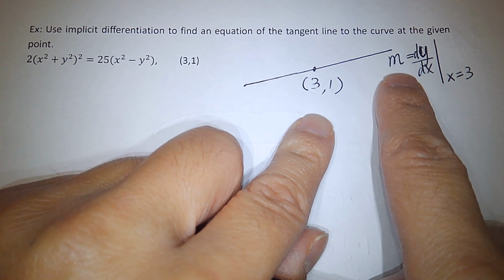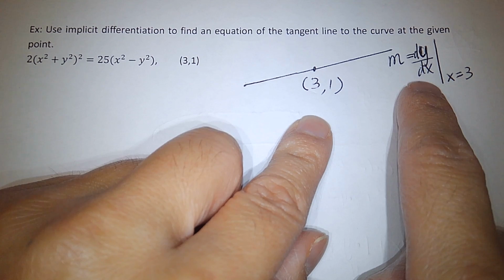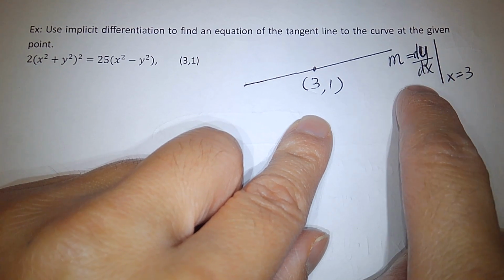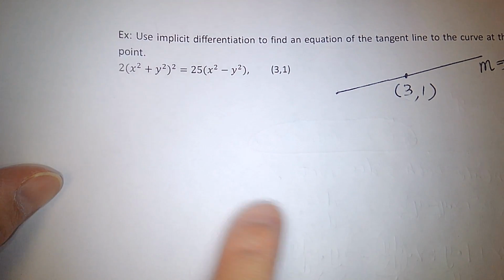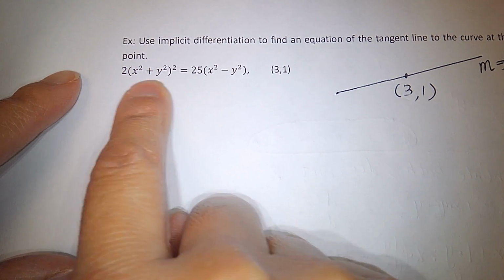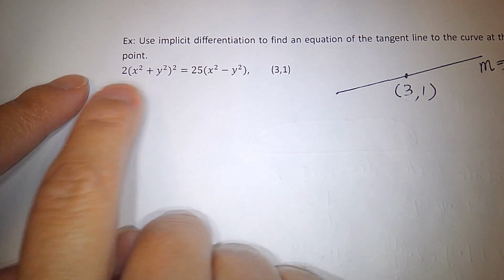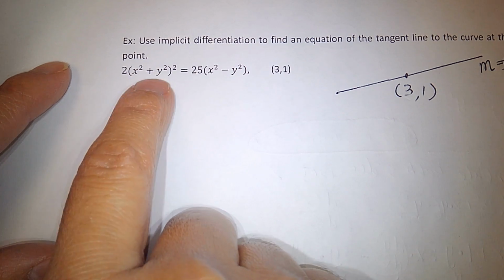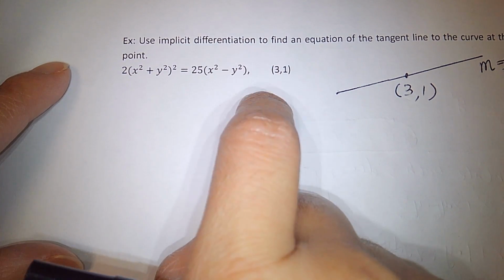Once we find the slope, we're almost done, right? But how to find the slope? We need to find dy over dx, the derivative of y with respect to x, right? So now the question changed to: find the dy over dx from this given equation. How? Differentiate both sides with respect to x, and then solve for dy over dx.